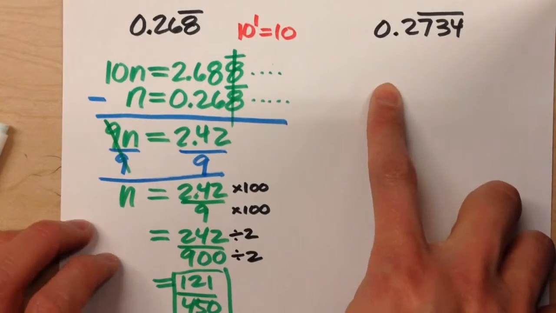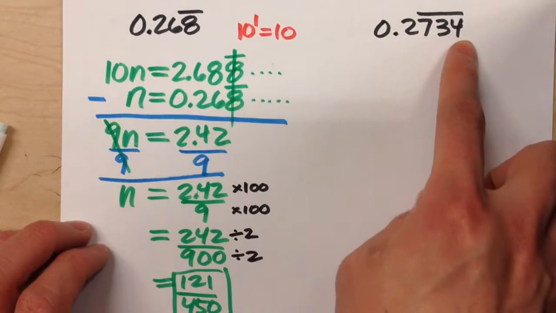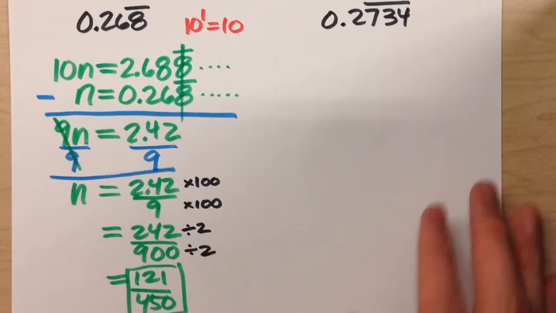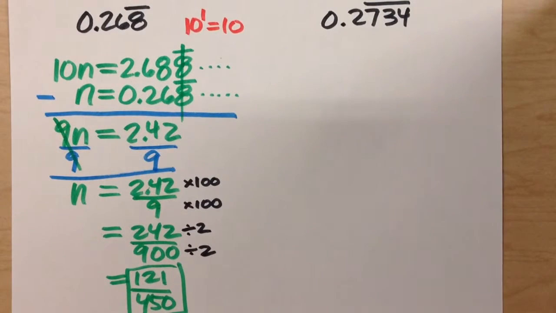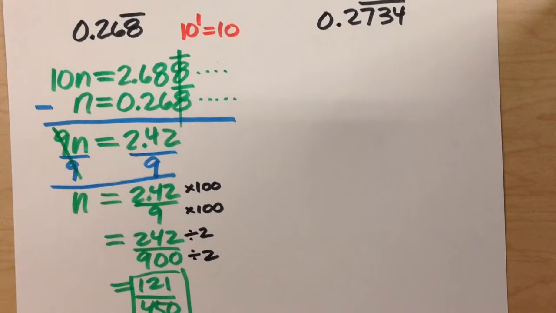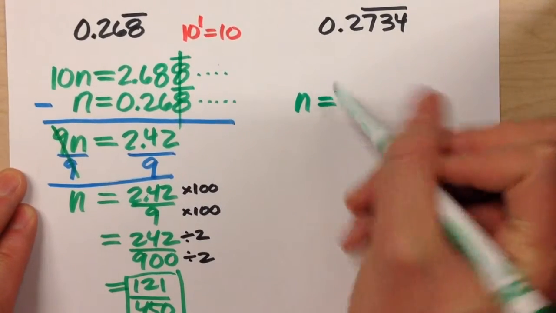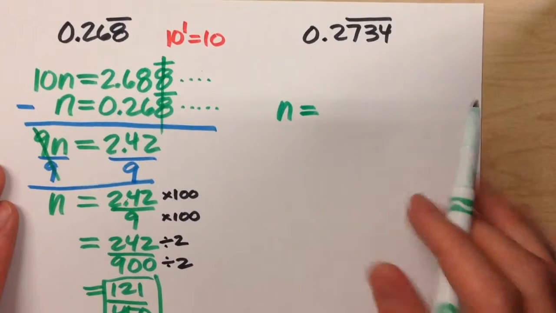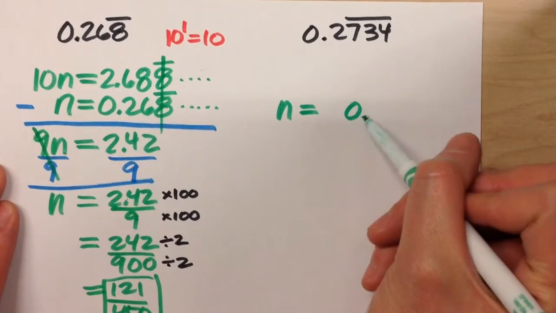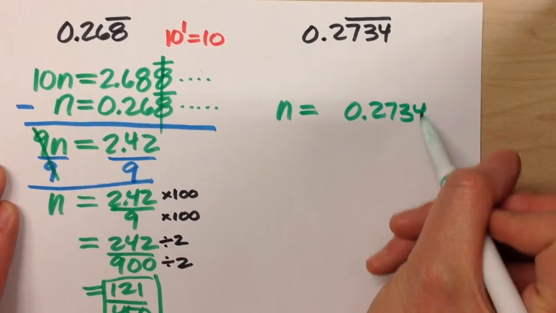For the second example, now we have 3 digits repeating. Things get a little bit tougher, but the steps remain the same. We're still going to, for our first step, set n equal to our repeating decimal. In this case, 0.2734.